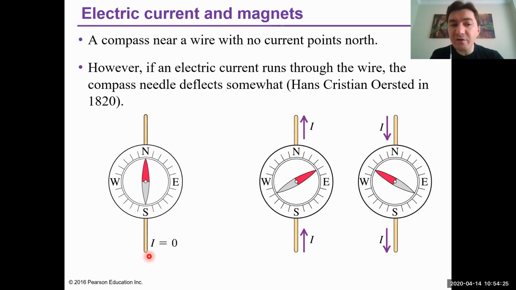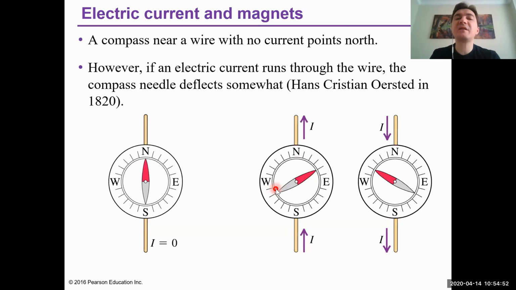But whenever you drive current through the conducting wire, so now we have current in the wire, this current will produce magnetic field lines around the wire, okay? So in addition to the Earth's magnetic field, you will have magnetic fields produced by that wire. Then the compass needle will be deflected, okay?